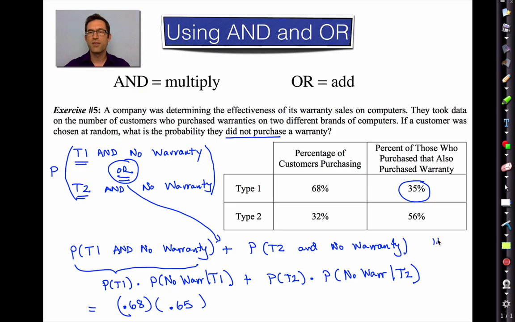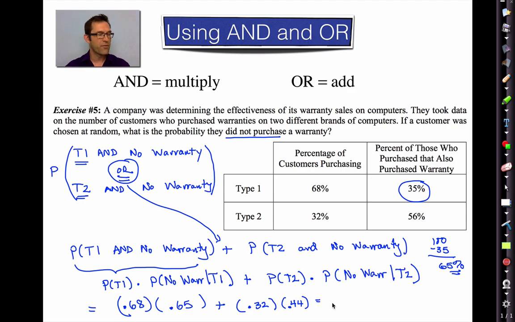The probability they didn't get the warranty would be 100 minus 35, or 65%. 65% didn't get the warranty. Now, the probability that they bought type 2 was 32%, and the probability that they didn't get a warranty based on the fact that they got type 2 was 0.44. Yep, just making sure that's all good.